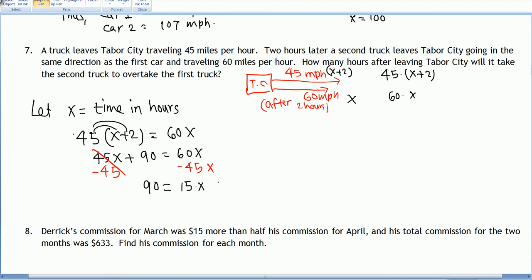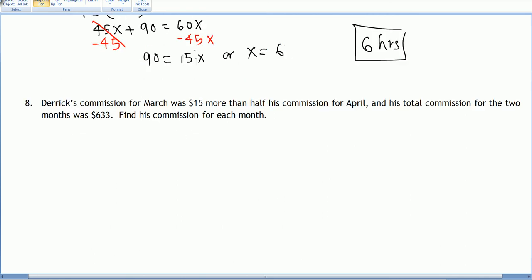Divide by 15, we get 90 divided by 15, which is 6. So it takes 6 hours for the second truck to overtake the first truck. So 6 hours is the answer. Let's go to the next question.